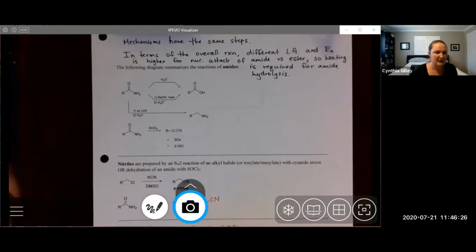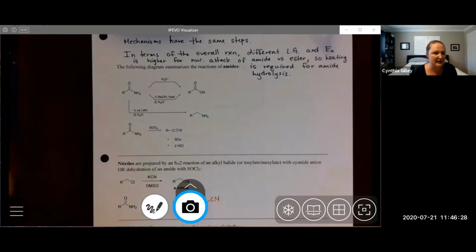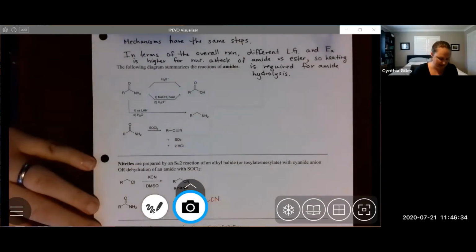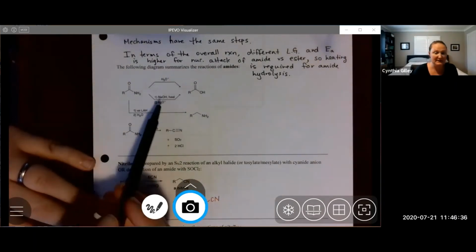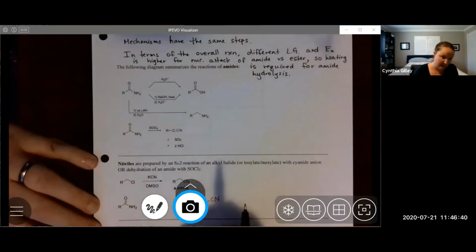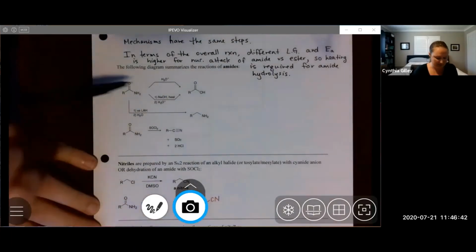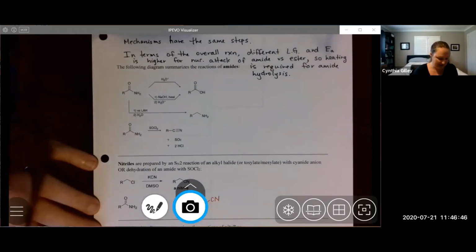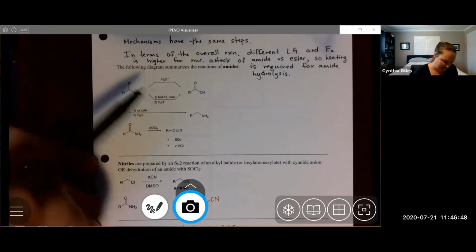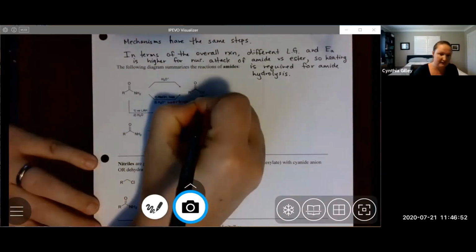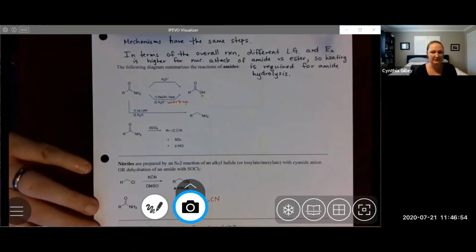So next we have reactions of amides, right? Just like on the last page, we talked about the acidic versus the basic hydrolysis of an amide. So these two were mechanisms we just covered. If you do a basic hydrolysis, you need to do an acidic workup if you want to isolate the carboxylic acid.